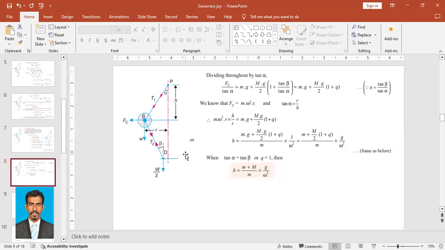For tan alpha to be equal to tan beta, we should have this length and this length equal, and also this P and this D should be on the same shaft. So this is how we formulate the formula to find h or omega square or whatever is asked about the Porter governor.